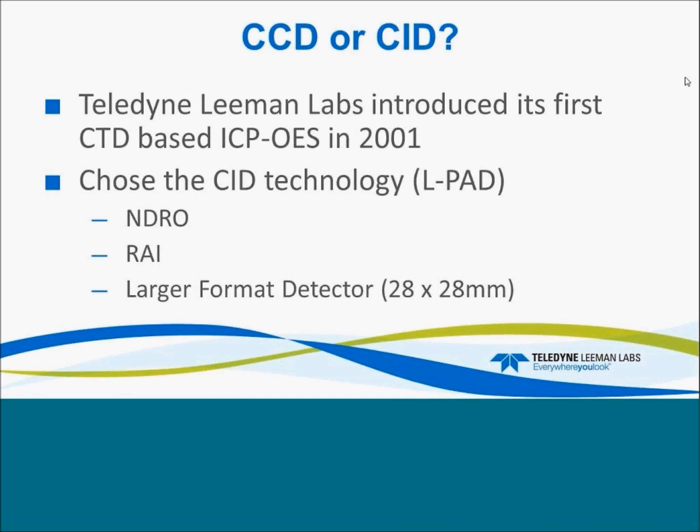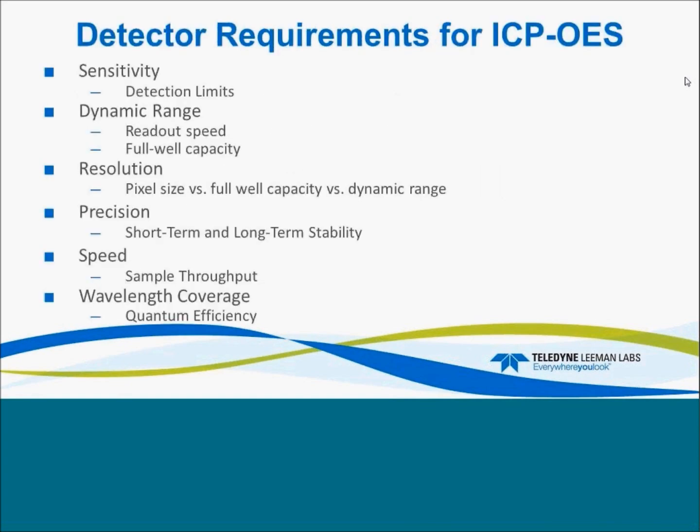Okay, and the reason the large detector is important, we can just look before we get to the large detector at some of the requirements that you have to take into account for detectors: sensitivity. You want to have good detection limits. Dynamic range. ICP has really high signals and really low signals. You also want the device to have a good full well capacity. It's no good if your pixels are constantly filling up, because then you've got to clear them, and that slows things down.